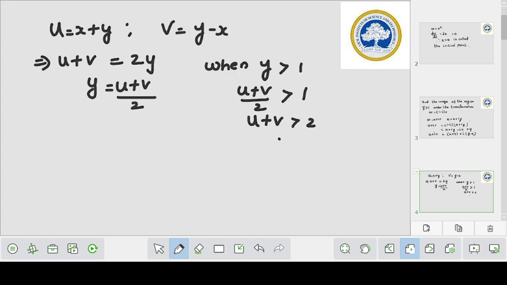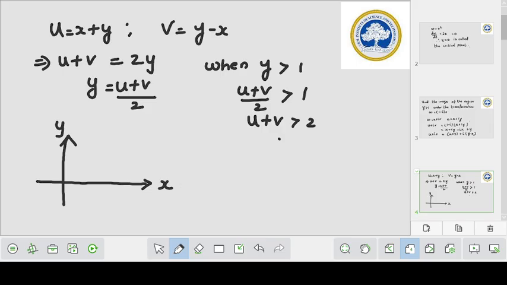Now we are going to draw the diagram in the w plane and z plane. So let us draw the diagram here. Draw the x-axis and y-axis.